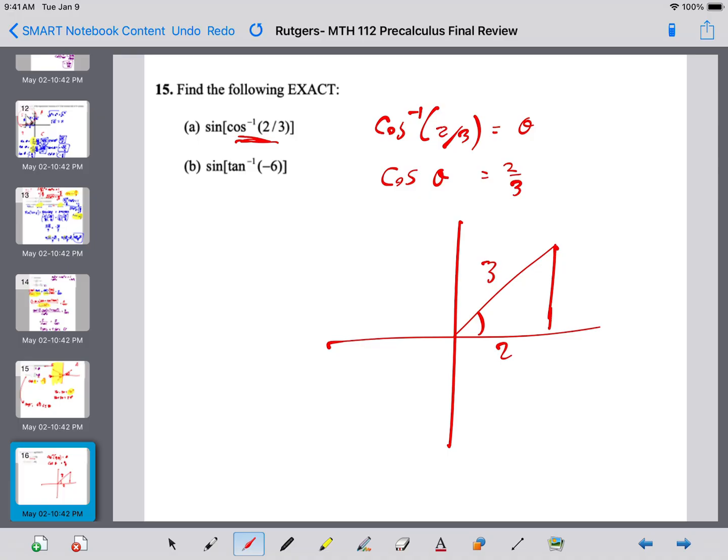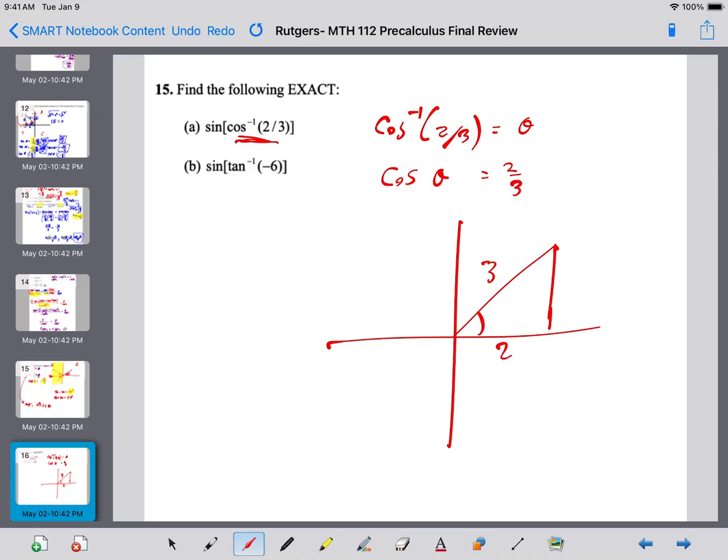Adjacent is 2, hypotenuse is 3. Oh, I see why.